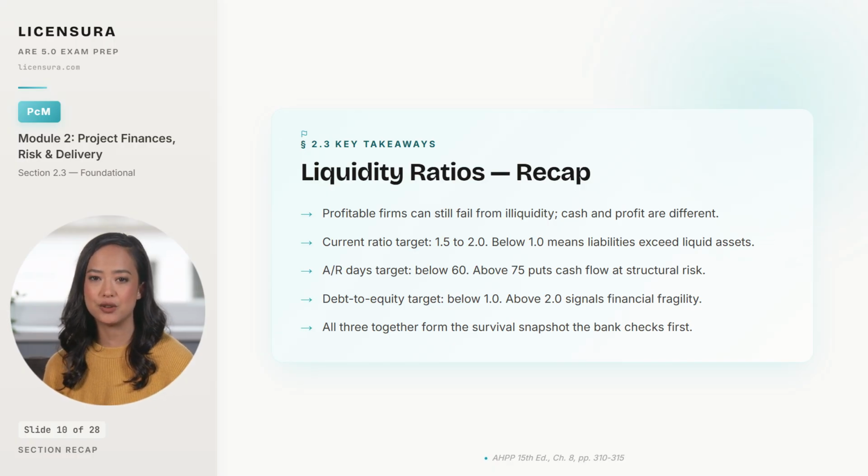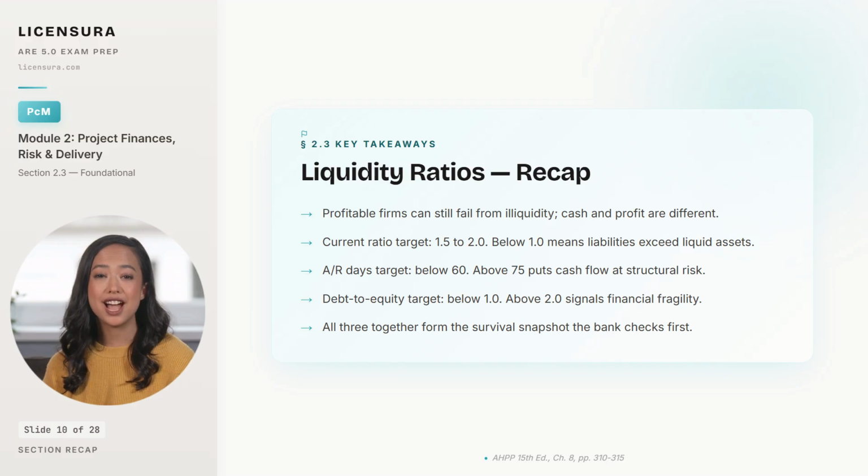Second, the current ratio target band is 1.5 to 2.0, and anything below 1 means the firm's near-term obligations exceed its near-term liquid assets. Third, accounts receivable days should sit below 60. Above 75, and the firm is structurally at risk of running out of cash regardless of how much work is in the pipeline.